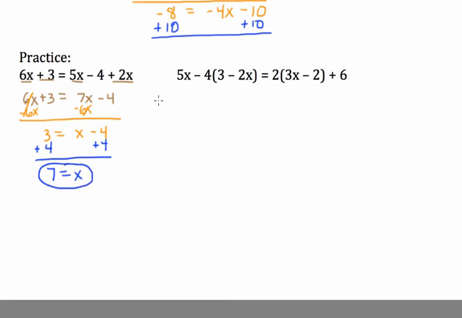Next problem. Simplify your expressions first. Notice a negative times a negative, 4 times negative 2x, is a positive 8x. Bring everything else down.